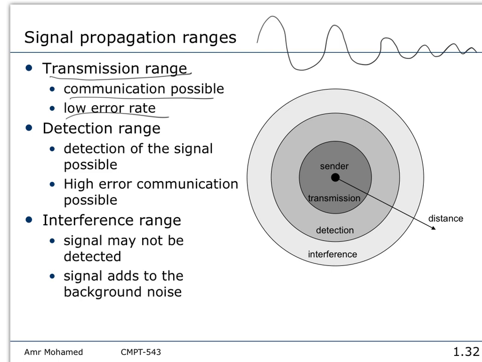In the detection range, I can still detect the signal at the receiver side. Why? Because the energy of the signal is still slightly above the noise range. There is a noise floor, below which I consider this noise.